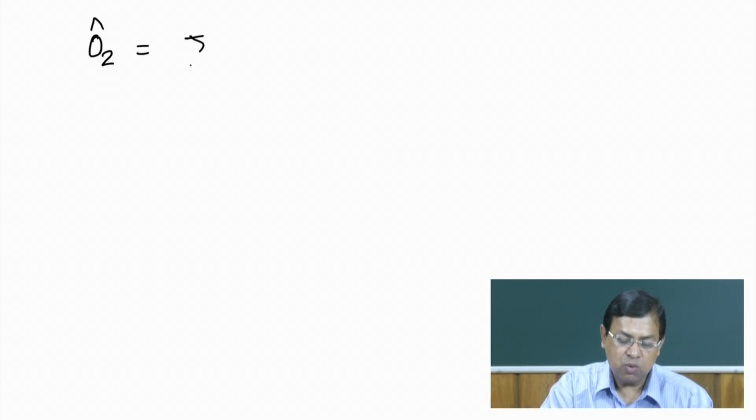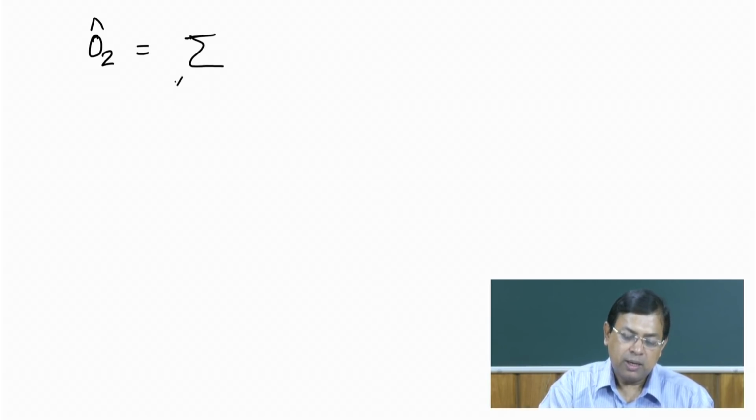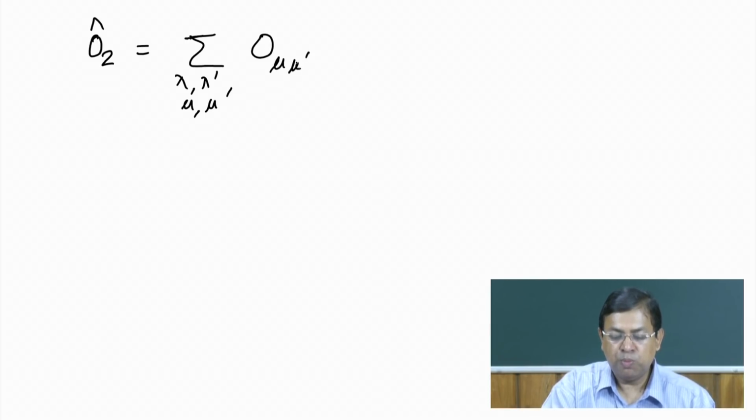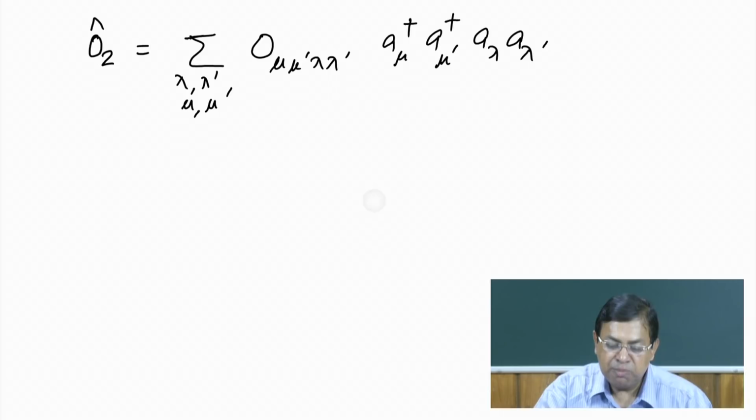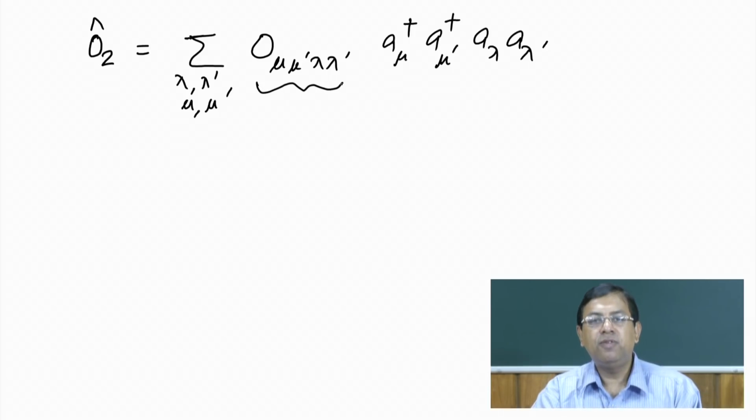It is a sum over lambda, lambda prime and mu, mu prime, of O mu mu prime lambda lambda prime, times a mu dagger a mu prime dagger a lambda prime a lambda. So, this is the matrix element of the two body operator between two states mu mu prime and lambda lambda prime.